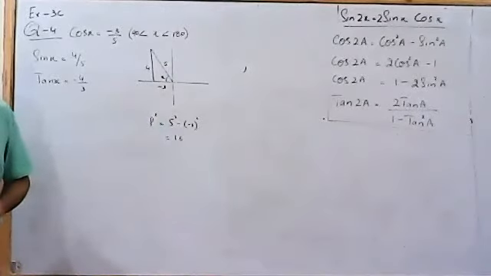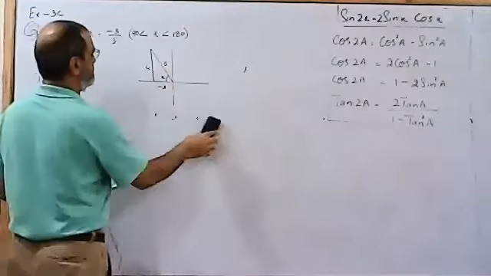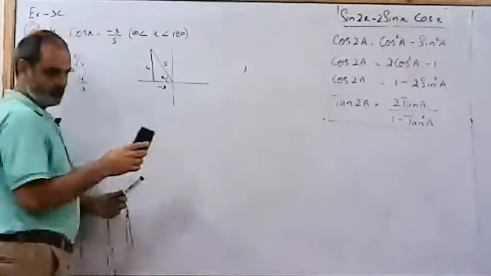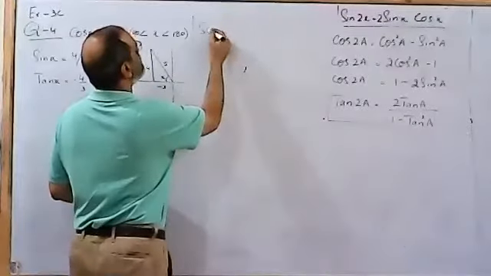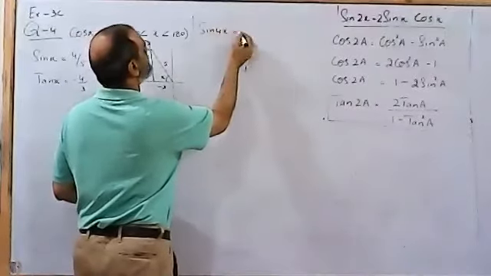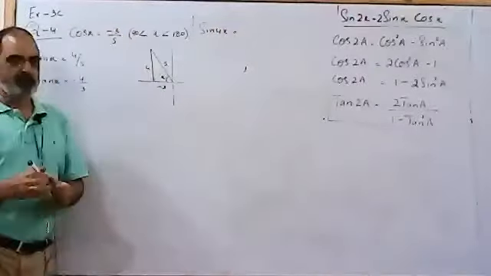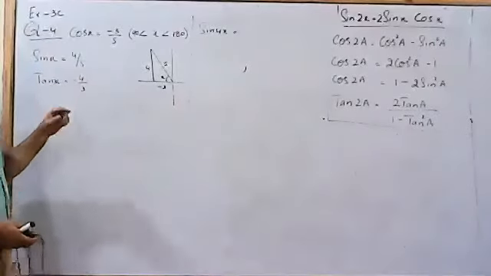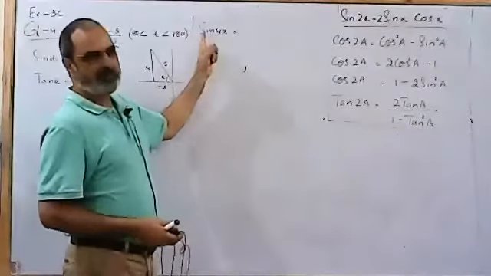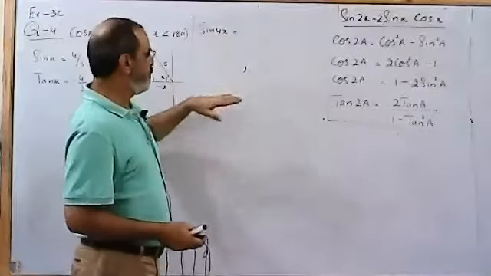Now I have to find sine 4x. Remember, I have the values of cos x, sine x, and tan x, single x. Here I have 4x. I have to change it into x.